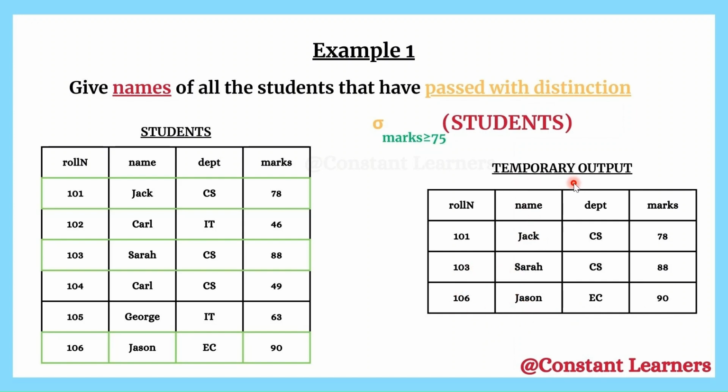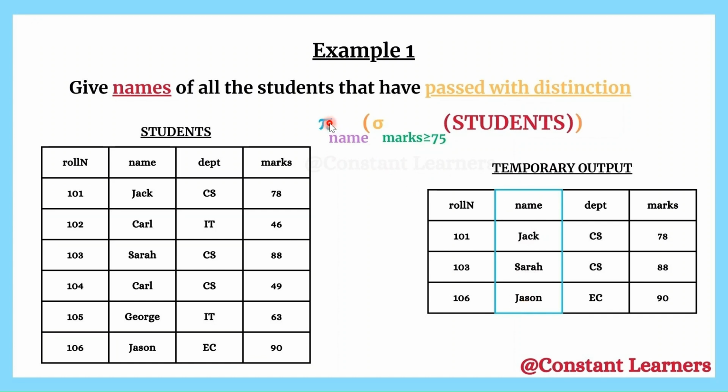But this is just a temporary output. We don't need the entire rows. We only need the name column of these students. So we can simply apply the project operation here where we can project the column name, right? So we include pi name, and this select query will go inside the projection query.